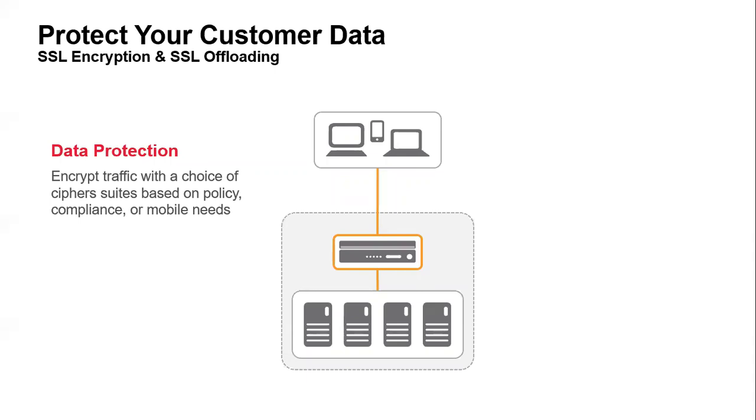SSL offloading is just like, instead of us having to install certificates across the web servers in order to be able to use HTTPS traffic, the certificate that is meant to be installed on all the servers behind can be installed on F5, and any traffic coming in can be authenticated with that SSL certificate, and F5 can now send plain text traffic or applications to the web servers behind it, which also makes our traffic and setup secure.